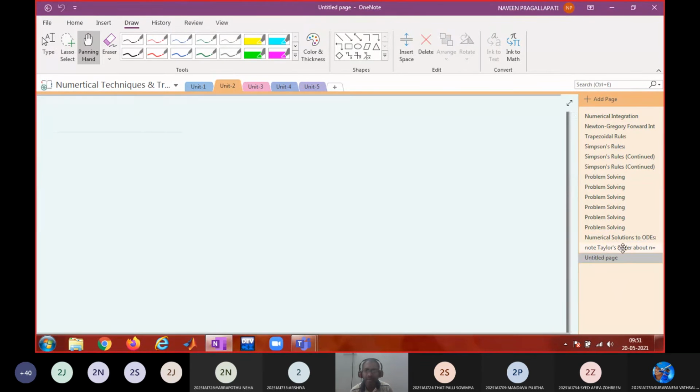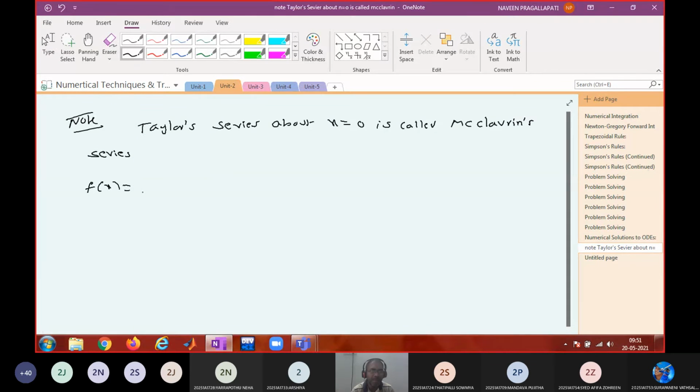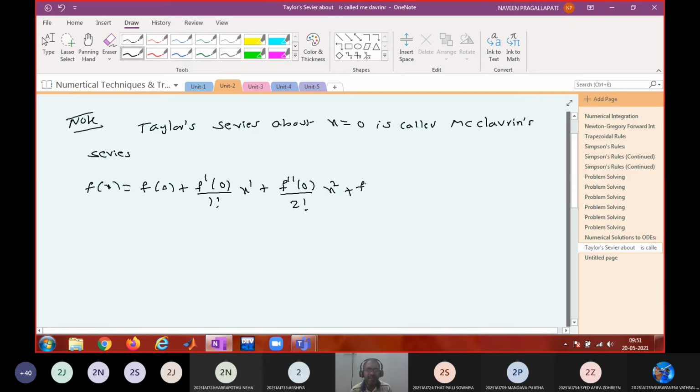Okay. So what I'm telling, replace a with 0, f of 0 plus f dash of 0 by 1 factorial into x power 1 plus f double dash of 0 by 2 factorial into x square plus f triple dash of 0 by 3 factorial into x cube plus and so on.